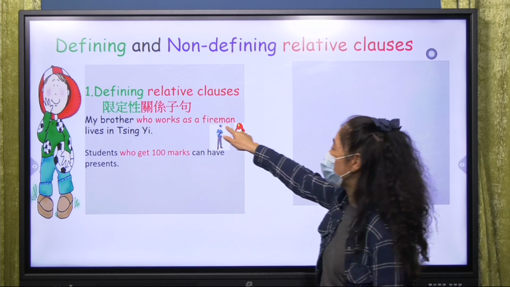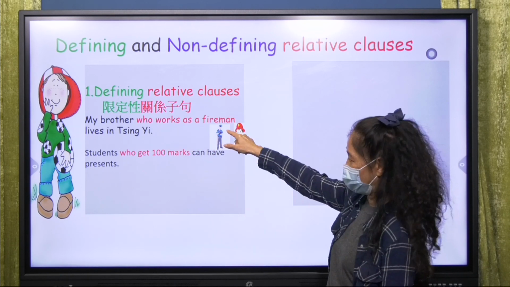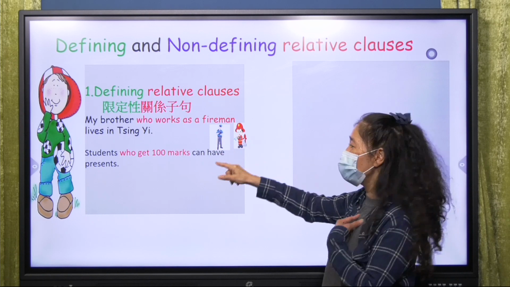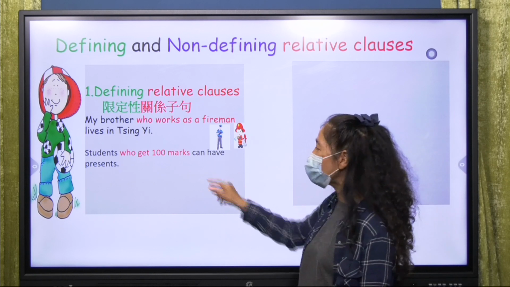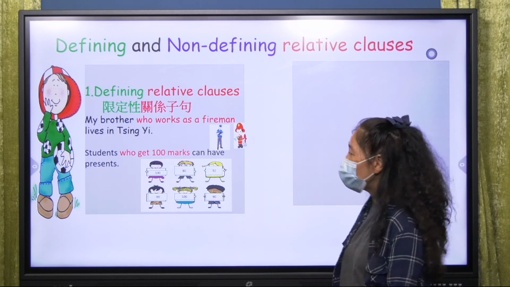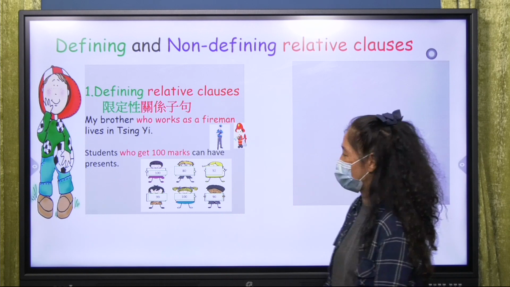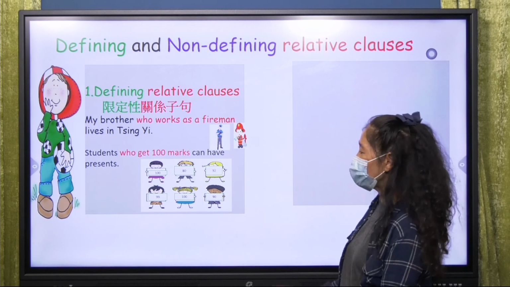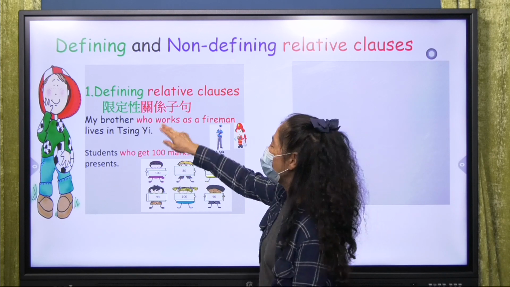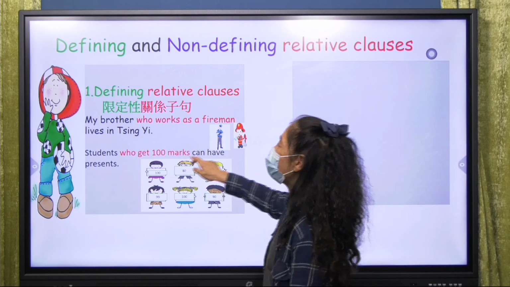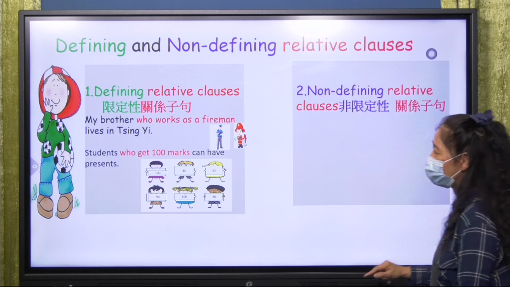By using this defining relative pronoun, it lets me know you are talking about your brother who is a fireman. The second one as well, okay, students who get 100 marks can have presents. So not all students, only students who get 100 marks. So in this case, the red ones are defining relative clauses.